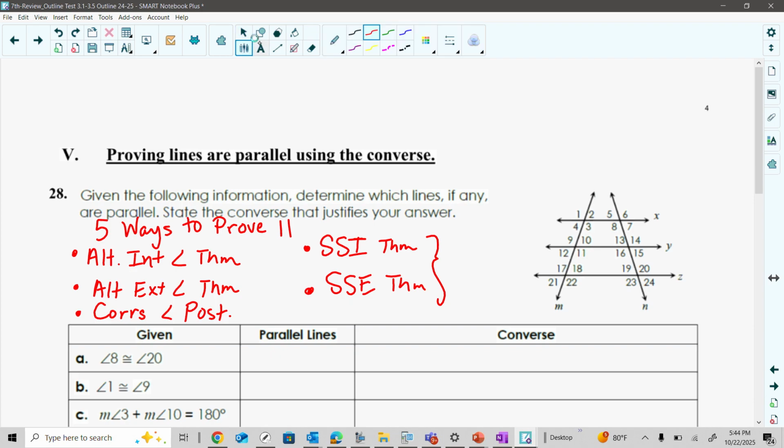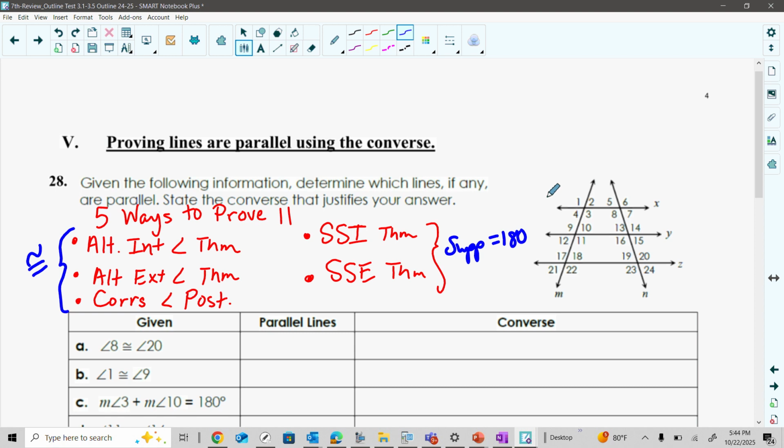If we see these angles, we need them to be congruent to use the converse. And if we see same side interior and same side exterior, we need these to be supplementary, which means they have to equal 180 to prove lines are parallel.